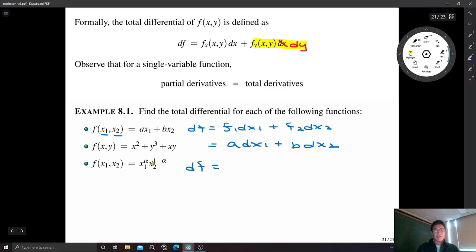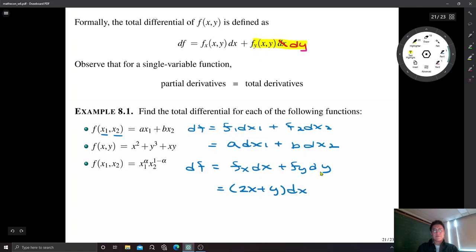For the second, the total differential now depends on x and y, so it is going to be the sum of these two. The partial with respect to x is 2x plus y, because we have the additional xy term; regarding y as a constant, its derivative is just y.